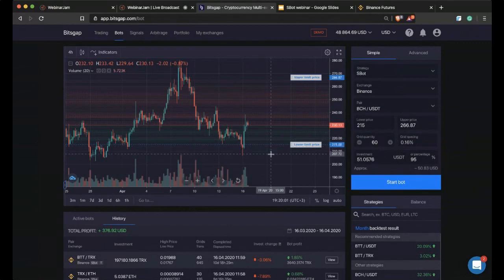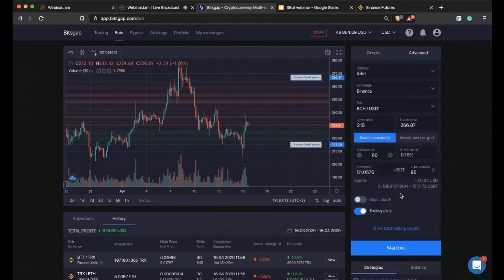That means if I want to initiate the bot, I must make sure that I have enough both the base currency and the quote currency to initiate the bot. I can see this in the advanced section. So clearly here you see that my investment amount is, in this case, $51.